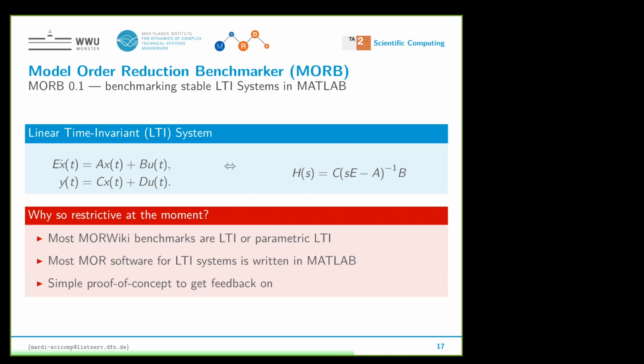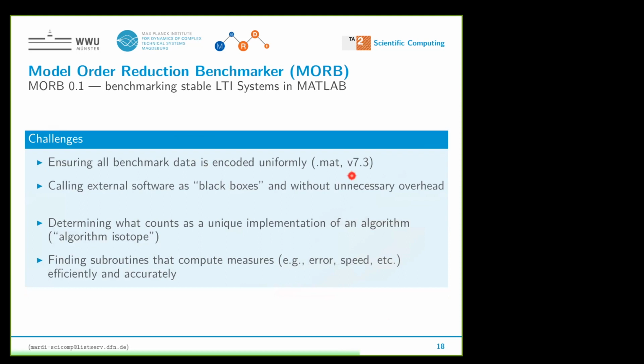Electrical engineers like to call them differently, where C is popping up in the ODE already because it's the matrix that describes the capacitors in an electrical circuit. So making sure that all these examples follow a standardized naming scheme and a standardized storage format such that all these packages can actually work with them was a bit of a tedious task.